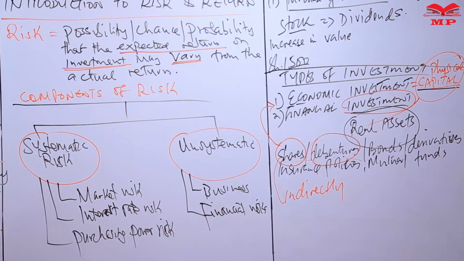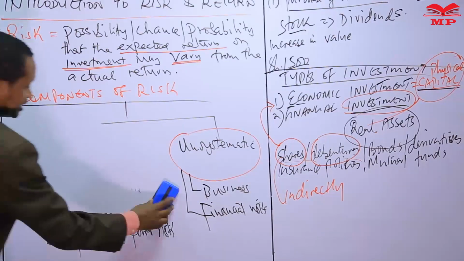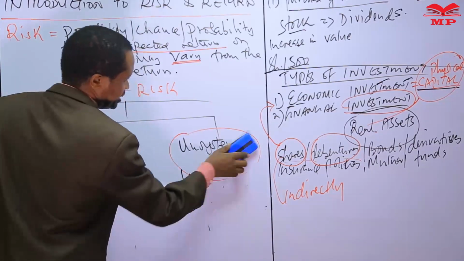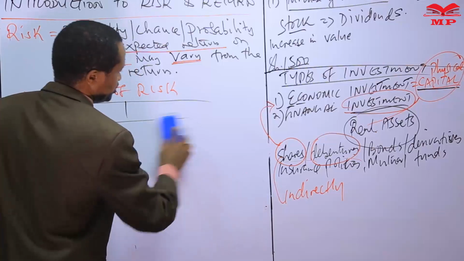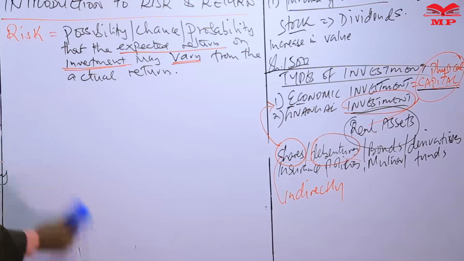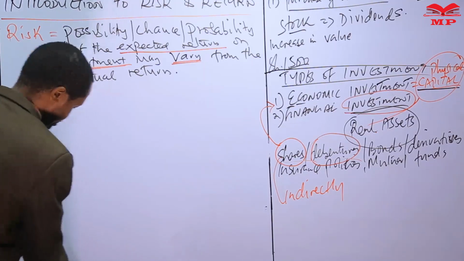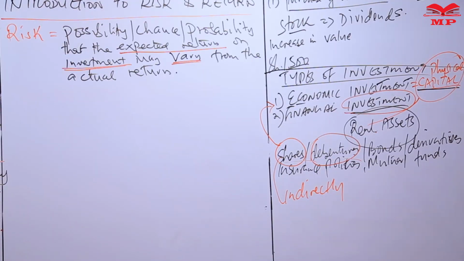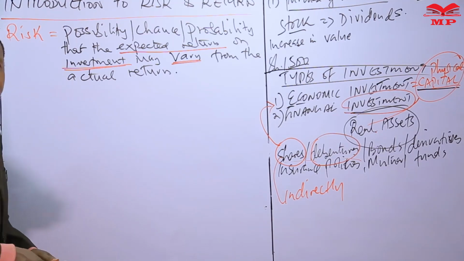But you need also to see the connection between return and risk, because remember, we say that risk is a possibility that the expected return may vary from the actual return.